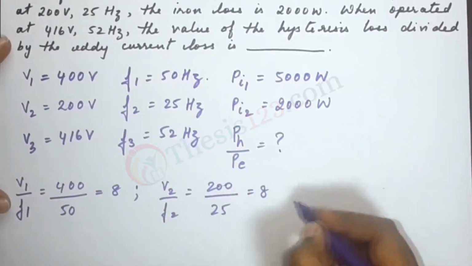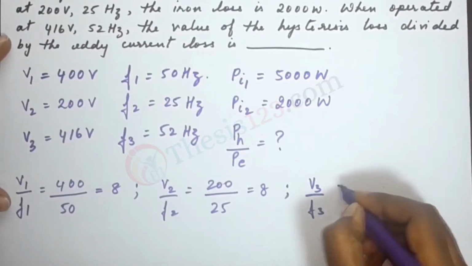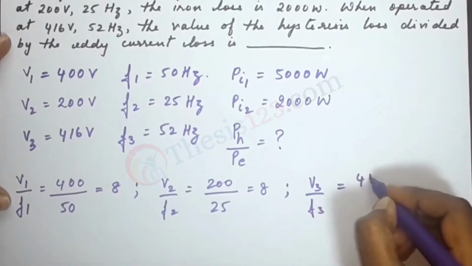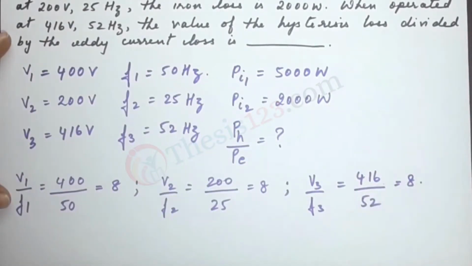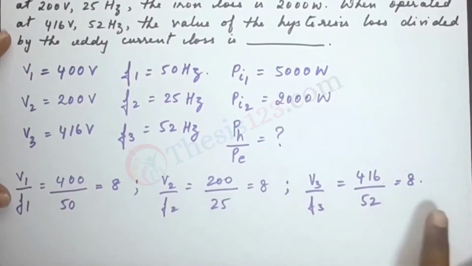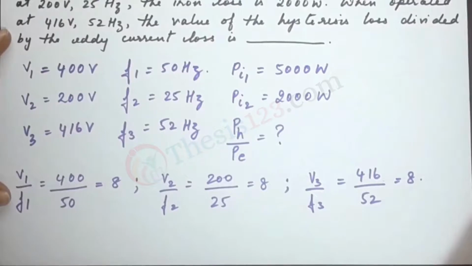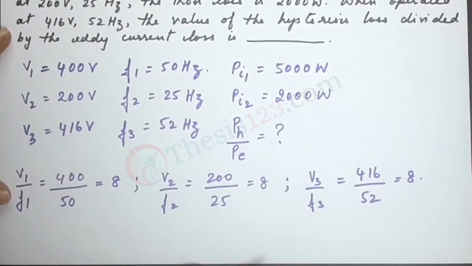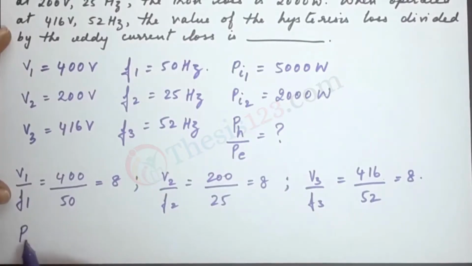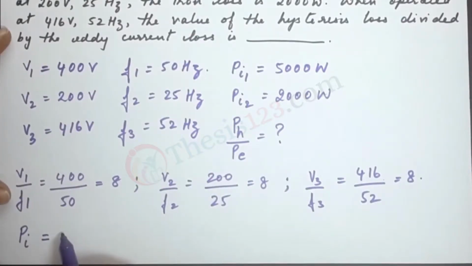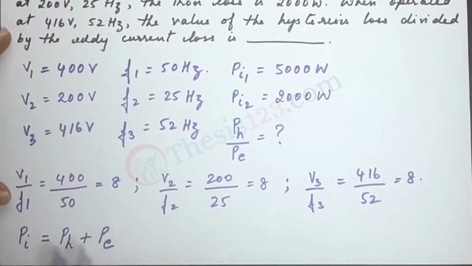So you see the ratio is constant. Now if we check for V3 divided by F3, the ratio is 416 by 52, which also comes to 8. So when all our values are the same, we can take the relationship between the losses and the frequency into consideration.